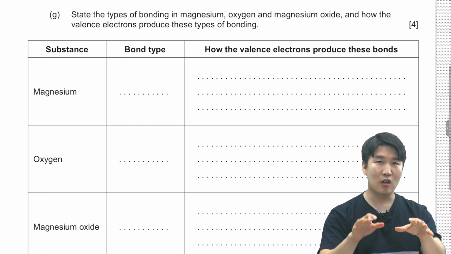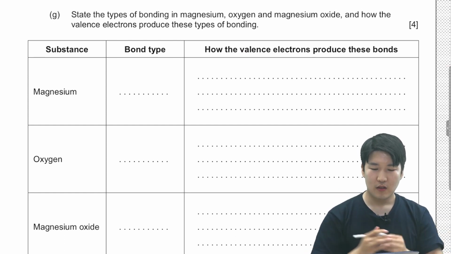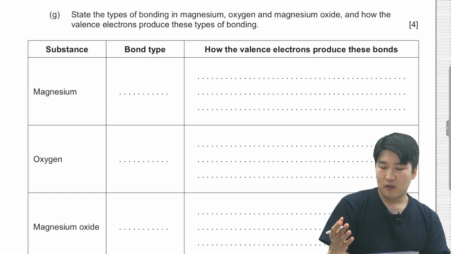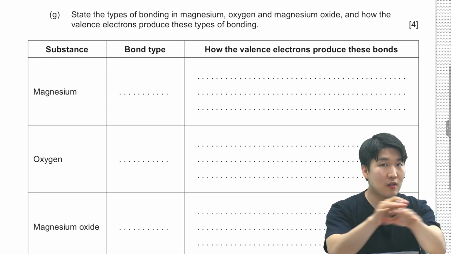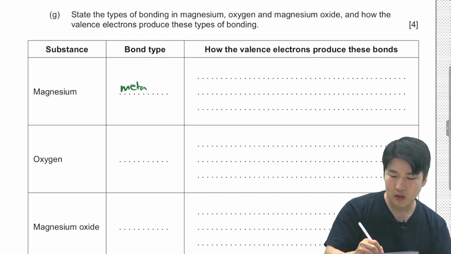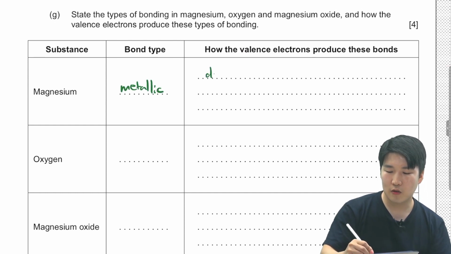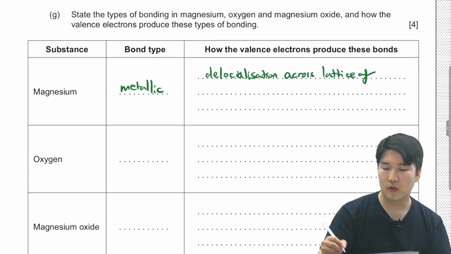They delocalize across the lattice of metal cations, magnesium cations, creating the metallic bonding, which is the electrostatic attraction between the delocalized sea of electrons and the lattice of metal cations. Metallic bond type is created via delocalization of valence electrons across lattice of magnesium 2+ cations.